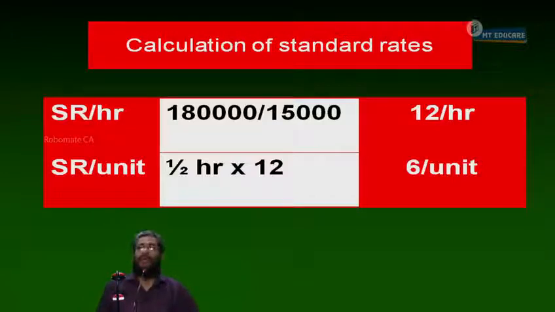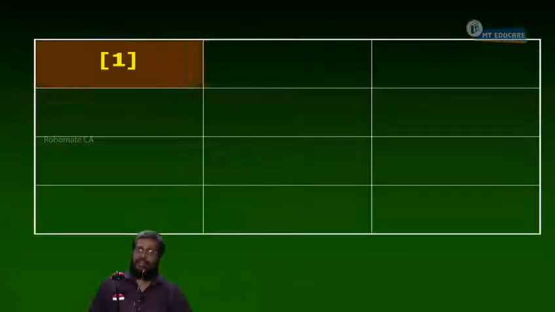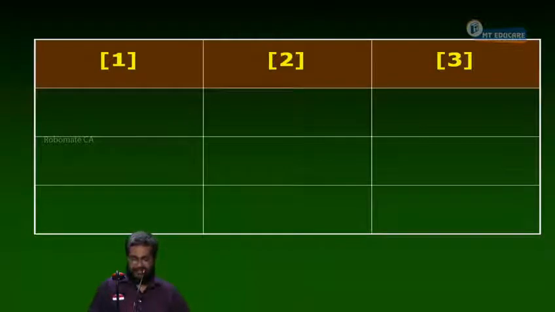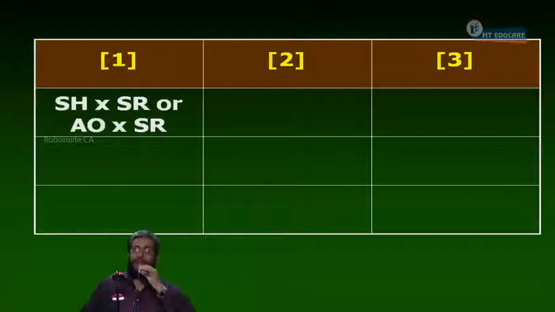Now, what is step 2? Computation table. What is the first column? SH into SR or AO into SR. Second column, AVO.